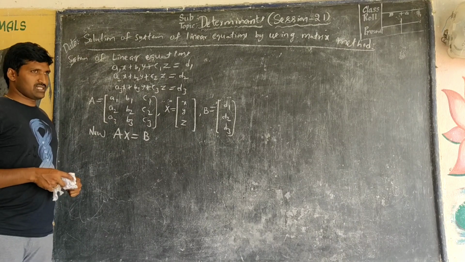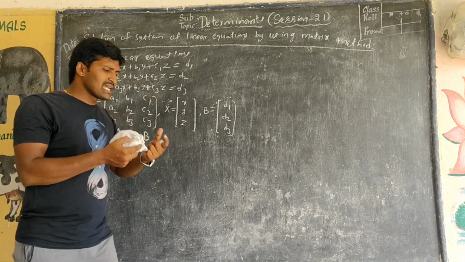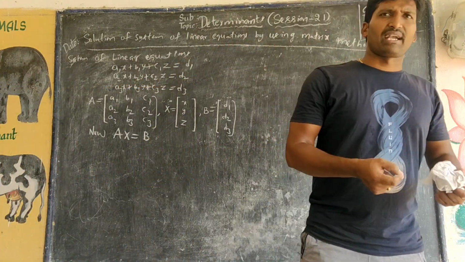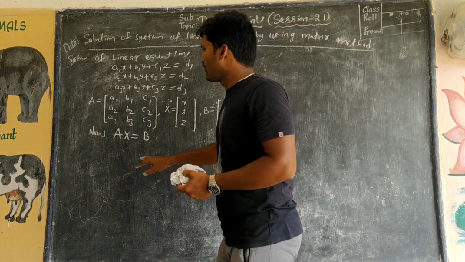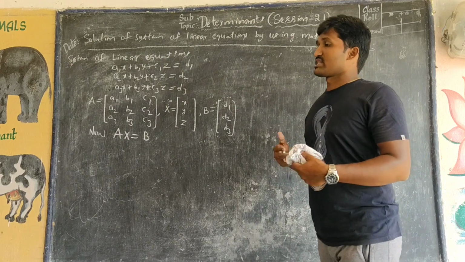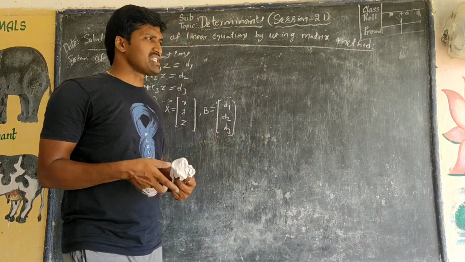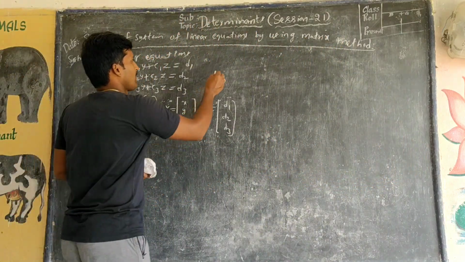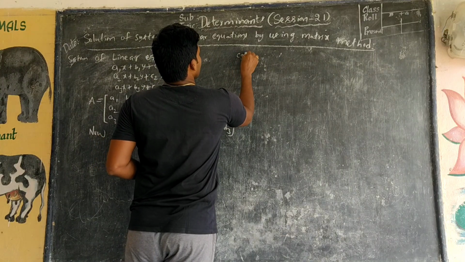Now how to find it from this? We are using the inverse of the matrix, and by using that only we find the solution of the given equations. There are two cases depending on when the inverse is possible.